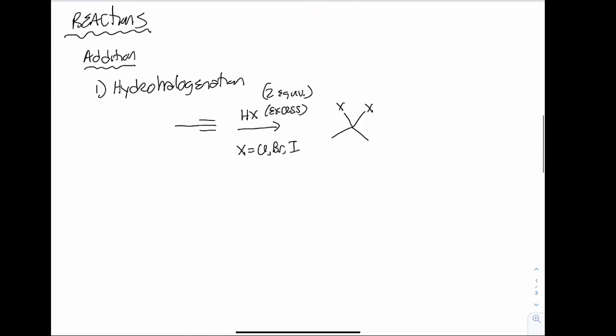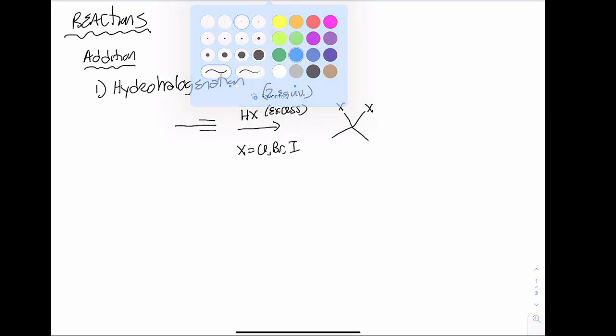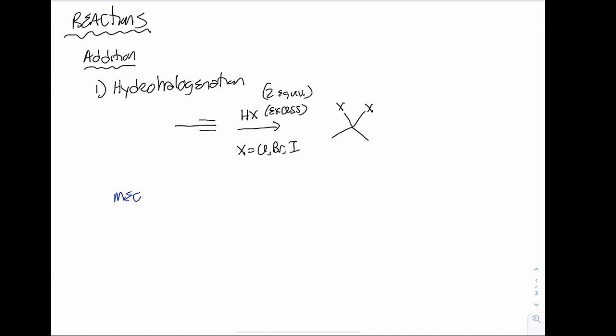We are going to go through the mechanism. I'm going to do it rather quickly because, again, we have seen this mechanism before. We're just doing it 2 times. We should add Markovnikov product, which for some reason I can't spell today.